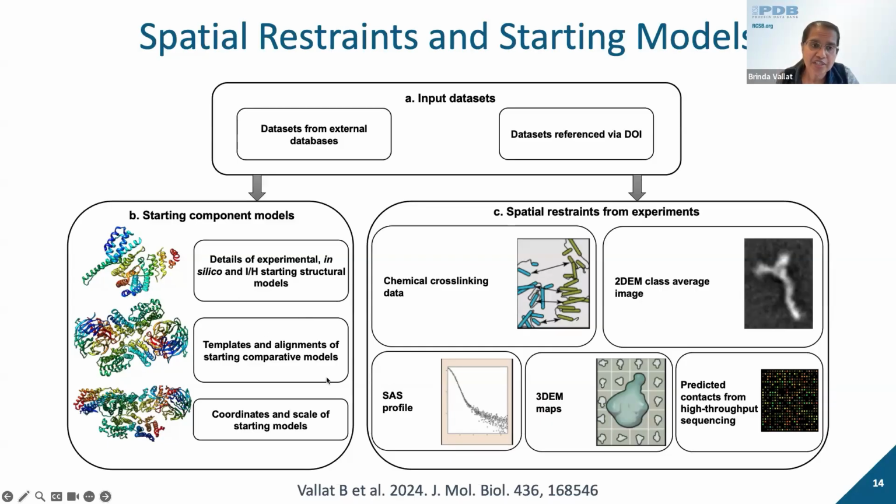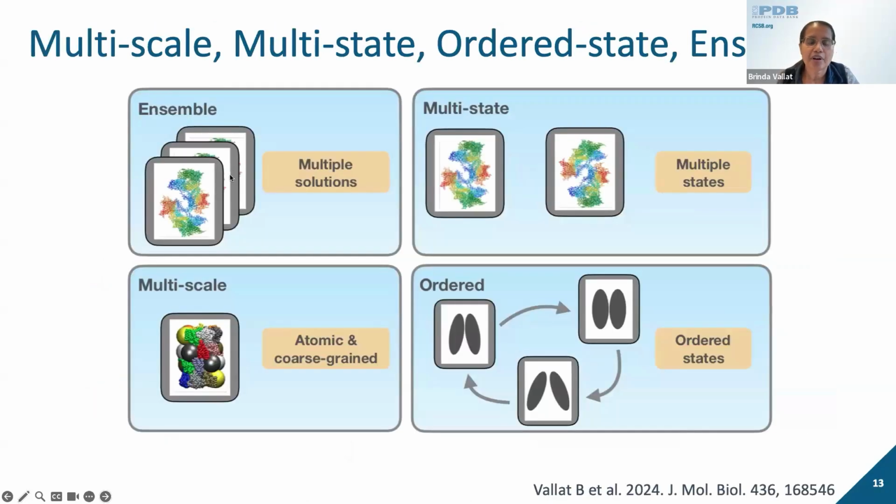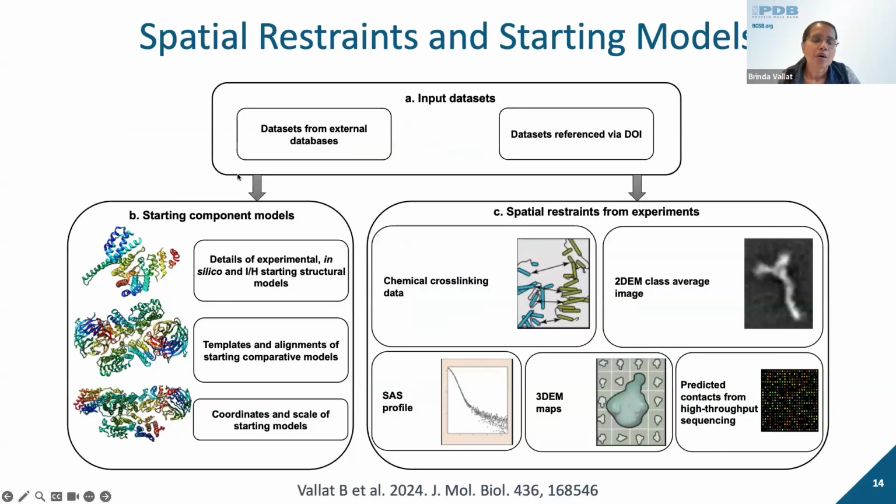And this information is represented in the IHM CIF dictionary and captured in the PDB-IHM archive. To maintain provenance, we also capture the source of where this input information is coming from.